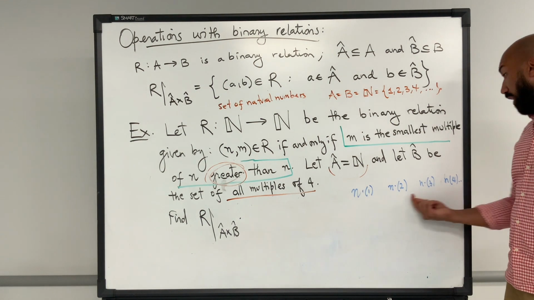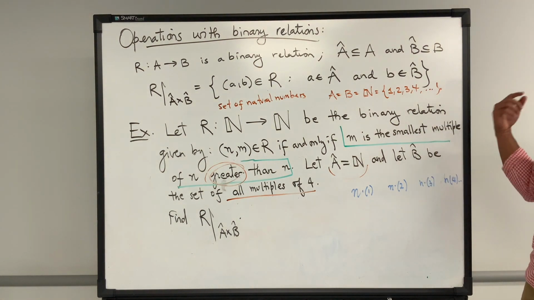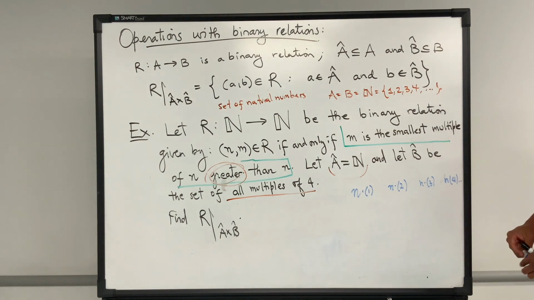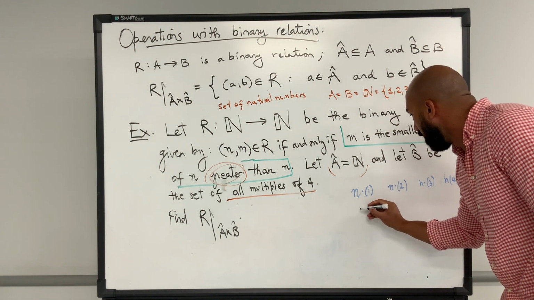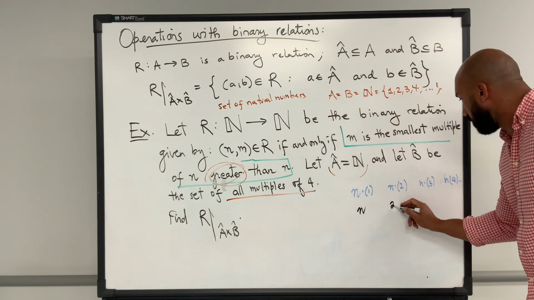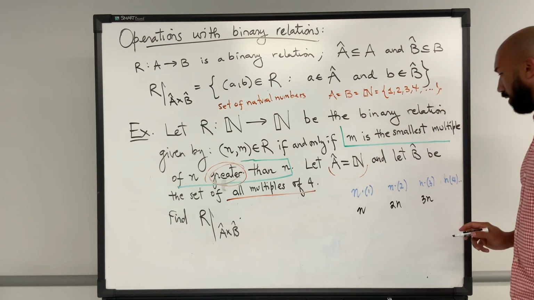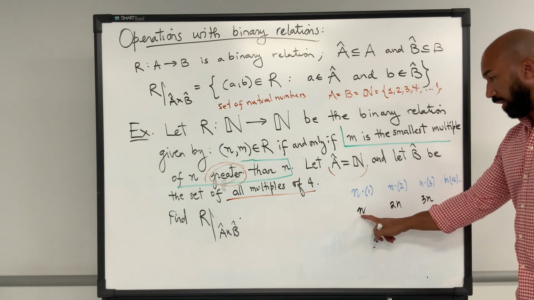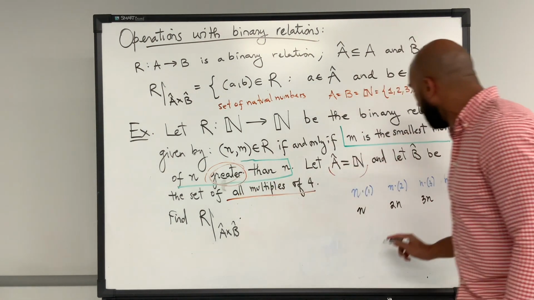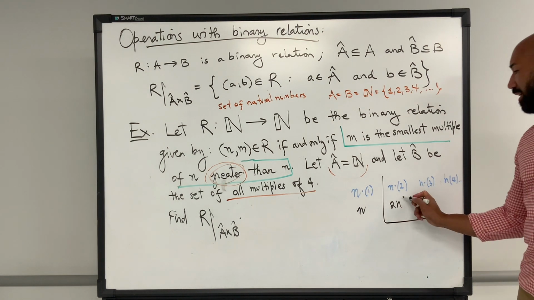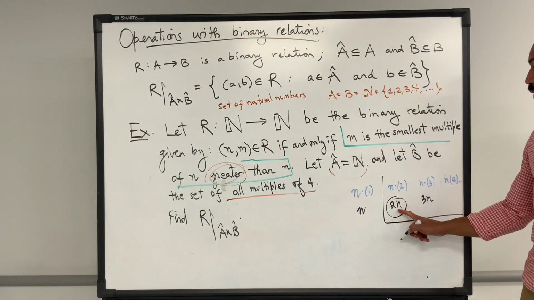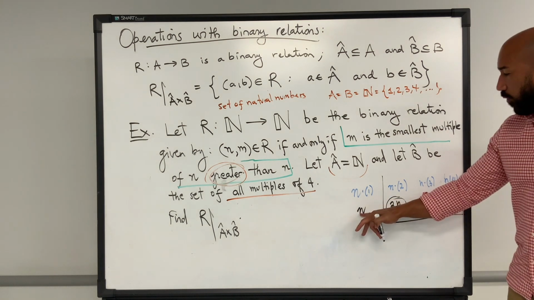This means that n has infinitely many multiples. This one is exactly n. This is 2n. This is 3n. Okay? So this is not greater than n as we need. The greater than n are all of these. But this is the smallest one out of all those that are greater than n.